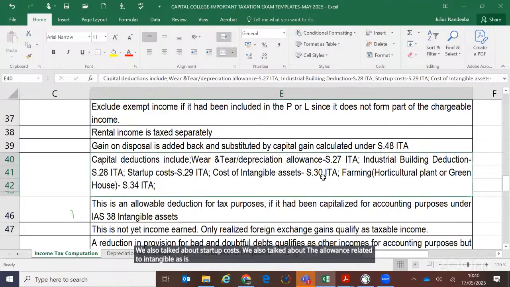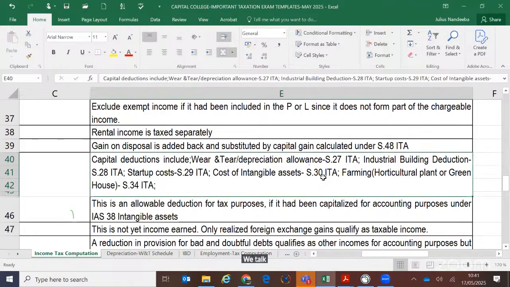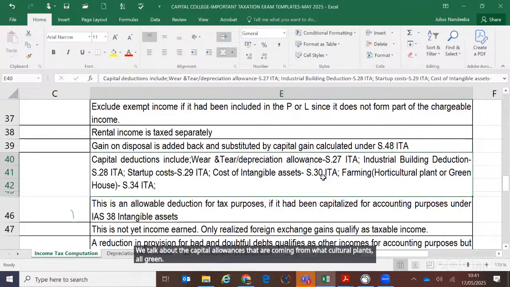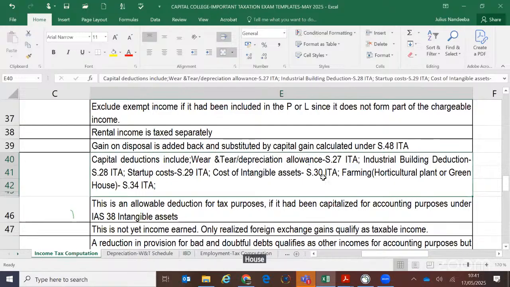And then when we come to farming, we talk about the capital allowances from horticultural plants or greenhouse. So those are the capital allowances your antenna should rise up to.